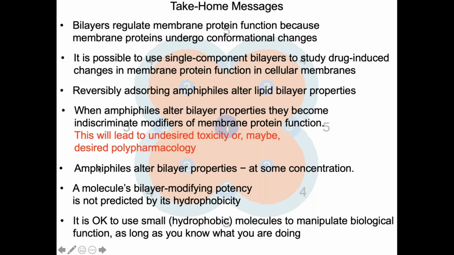And all amphiphiles will alter bilayer properties at some concentration. And so you really need to be careful about the concentrations that you use when you study the biological phenomenon at hand, and what are the concentrations where the molecules you use alter bilayer properties.